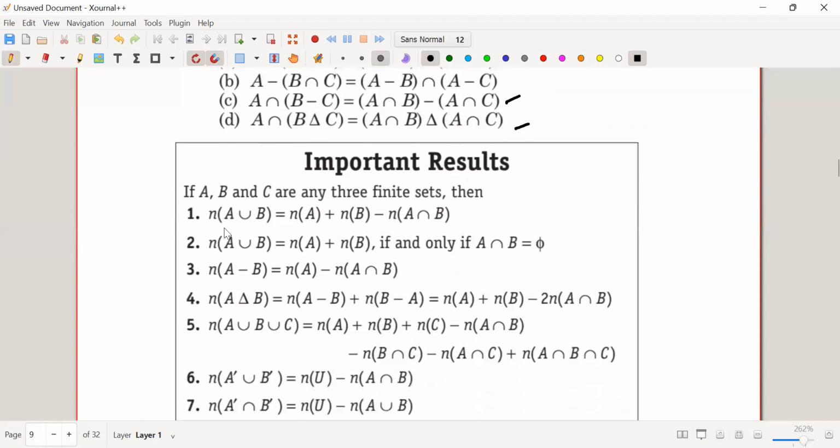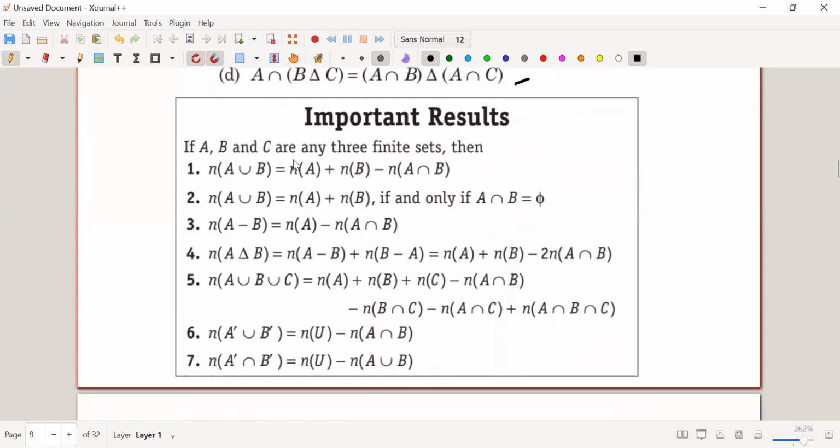All right. Some more important results for A, B, and C combined. First, N of A union B equals N of A plus N of B minus N of A intersection B. In some places, we have to consider the difference and intersection together. It has three parts.